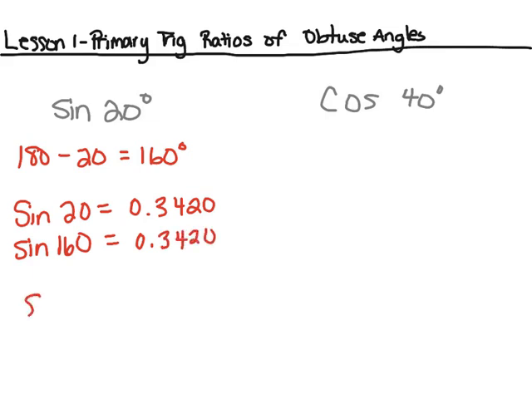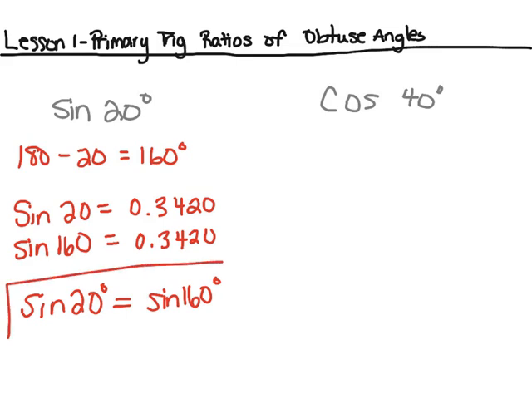So we know that the sine of 20 degrees is equal to the sine of 160 degrees. This is your final answer, showing it as two forms of sine equal to each other. So that is valid.